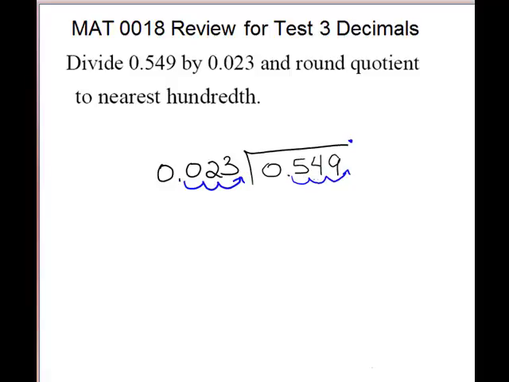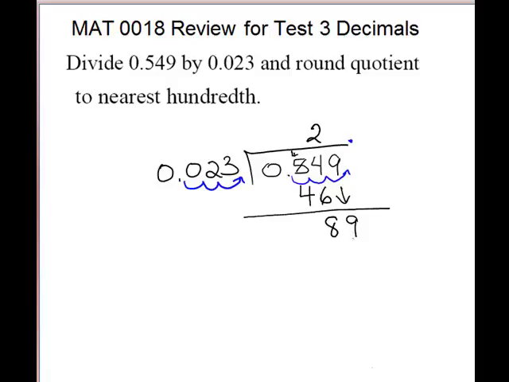23, we can go into 54 2 times. Multiply back. 2 times 3 is 6. 2 times 2 is 4. Subtract. So we're borrowing here. And 14 minus 6 is 8. Bring down. 23 into 89.